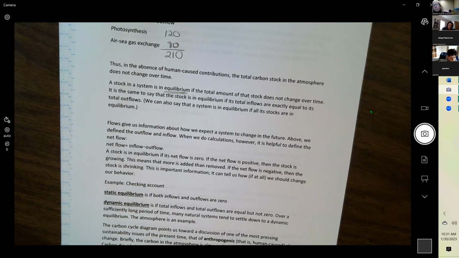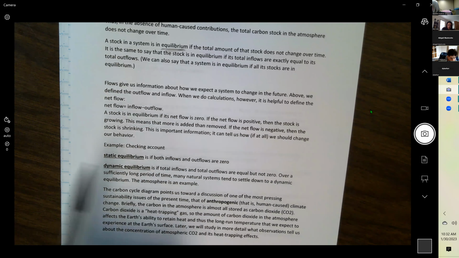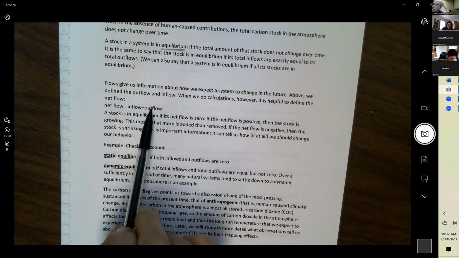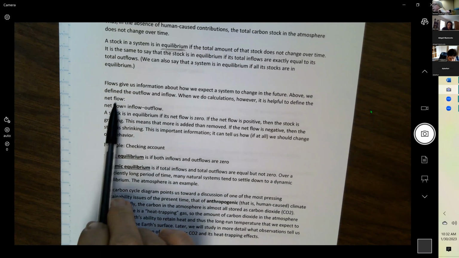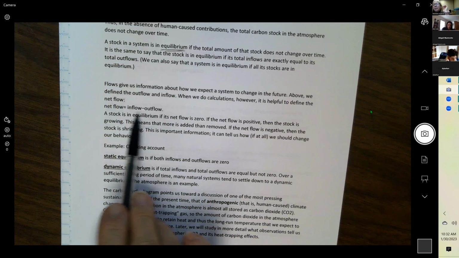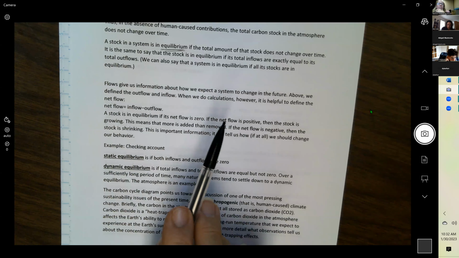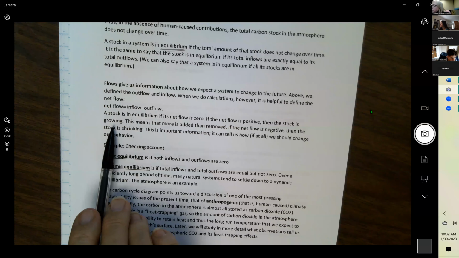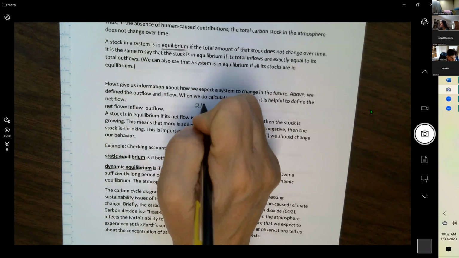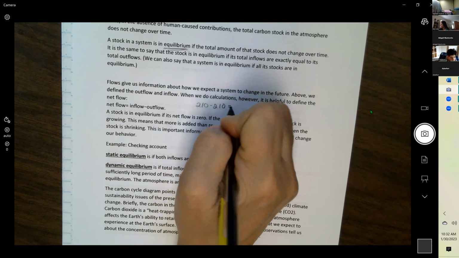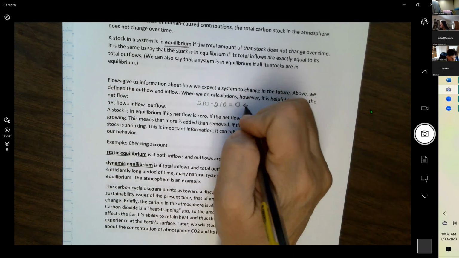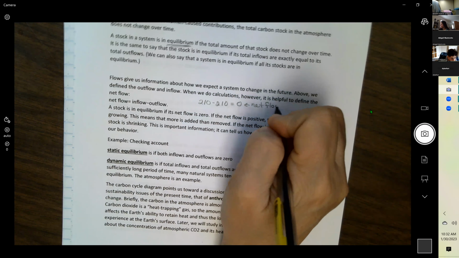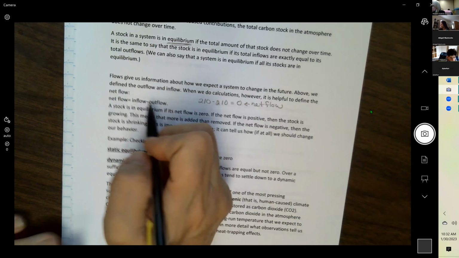That was the case here. They were both 210. Now, if you look at your inflow and your outflow, if you subtract them, it gives you your net flow. If the net flow is 0, you're at equilibrium, because we had 210 minus 210 equals 0. When those are the same, you're at an equilibrium.